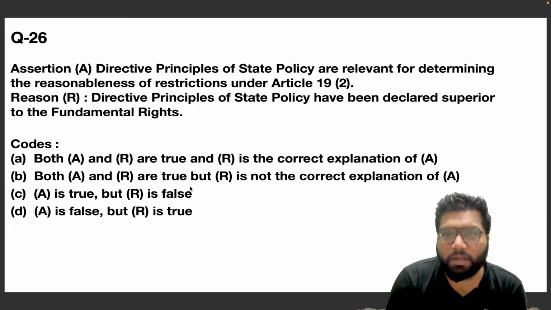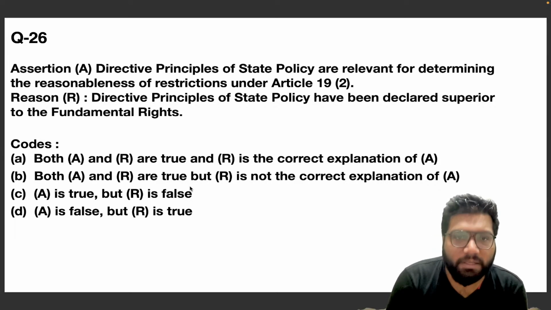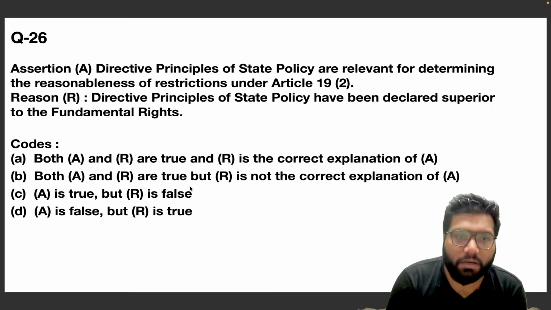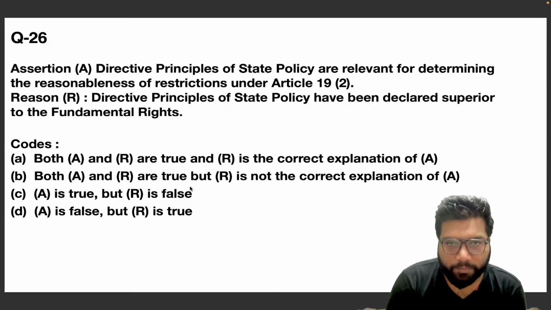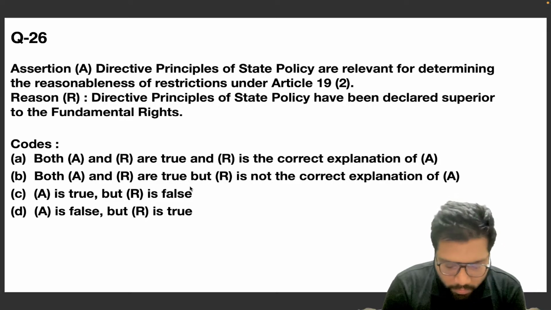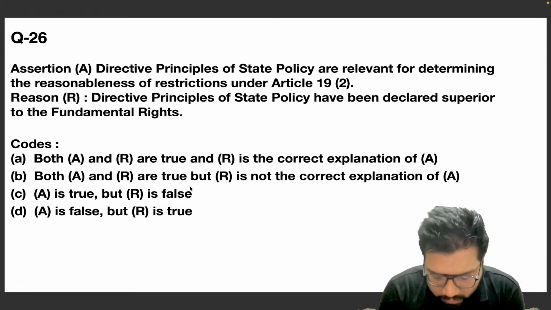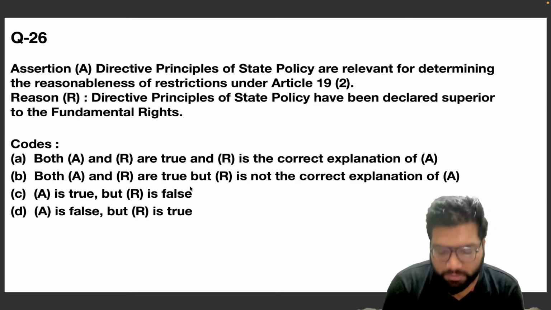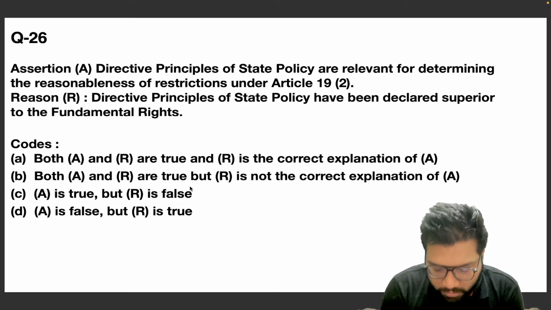Directive principles of state policy are relevant for determining the reasonableness of restrictions under Article 19, Clause 2. Directive principles of state policy have been declared superior to the fundamental rights. Both Ankit and Swalia, both correct. Akhilesh as well. These all three are the landmark judgments: Aruna Shanbaug, P. Rathinam, and Gian Kaur.